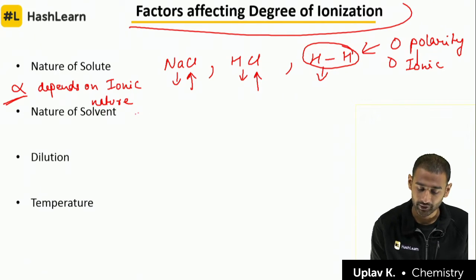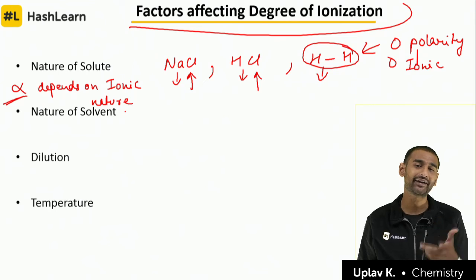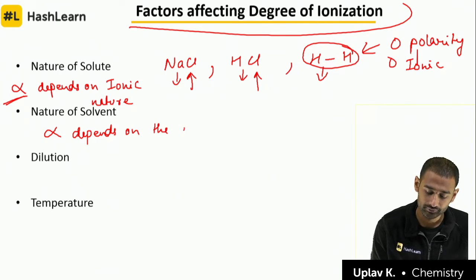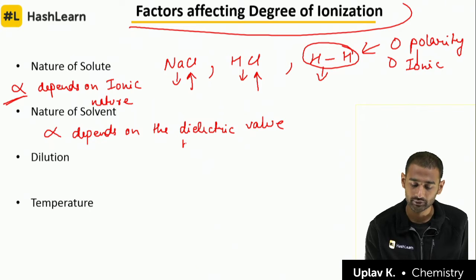Now nature of the solvent. If your solvent is a very good dielectric medium, then it will split up the ions very easily. So the degree of dissociation again depends on the dielectric value. Water's dielectric value is around 90.